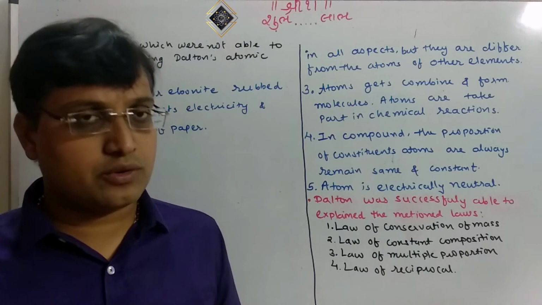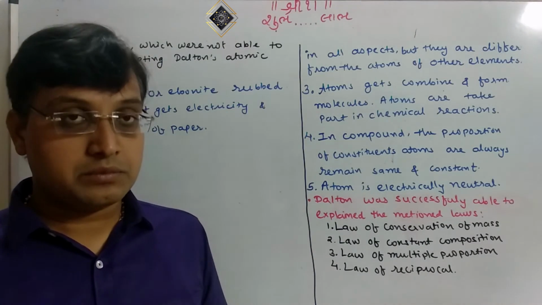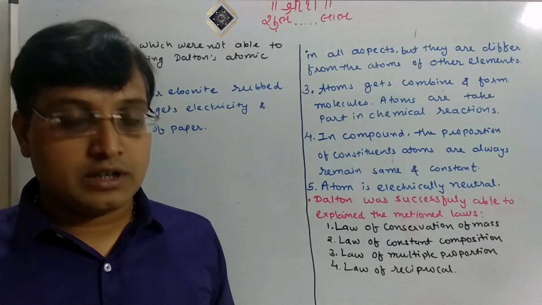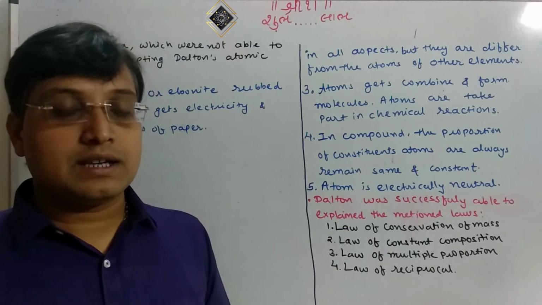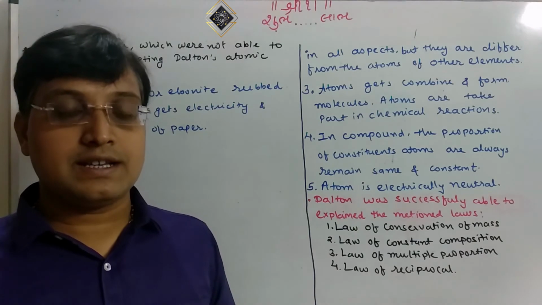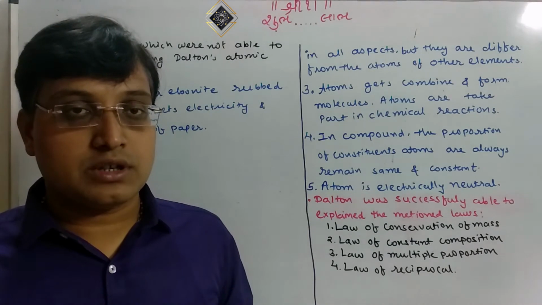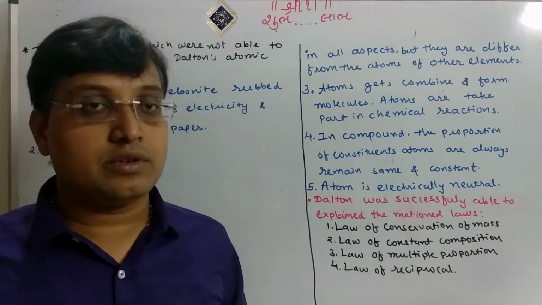Just for your information and to recall your 10th standard, electrolysis of copper, purification of copper. In that phenomenon, when we attach the battery, the battery gives current to the impure copper. Impure copper gets oxidized, and after that it gets reduced from the solution and is deposited on the pure copper. That is the purification of copper.